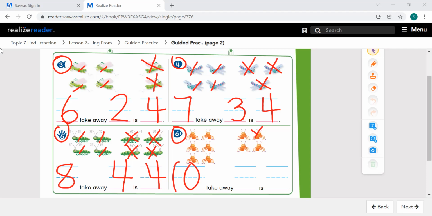We mark an X on them because they walked away. So 10 take away 4 is, let's count them. 1, 2, 3, 4, 5, 6. 10 take away 4 is 6. So 6 ants were left.